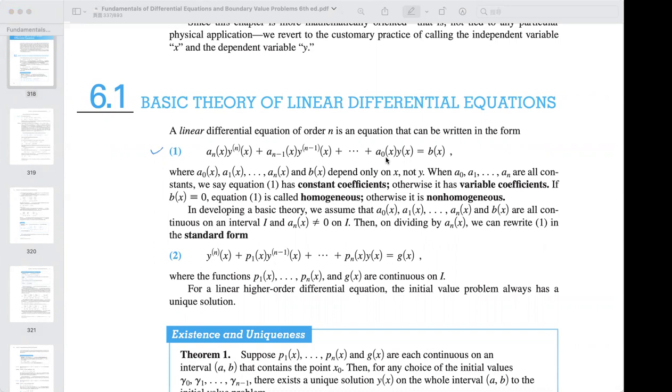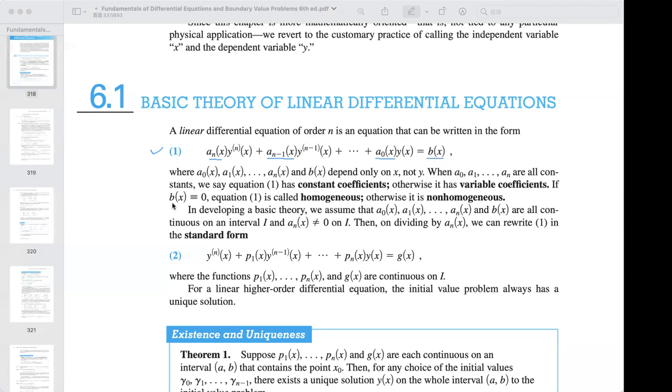They cannot depend on y. Once these coefficients depend on y, that will be nonlinear. For example, if a_0(x) is y, that will give y squared, then this will be a nonlinear equation.